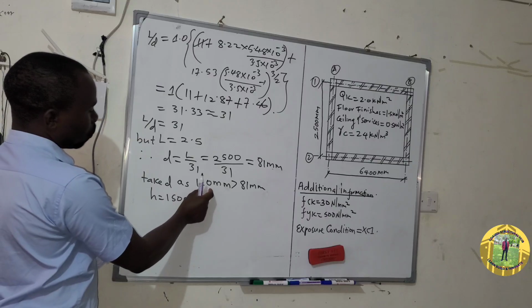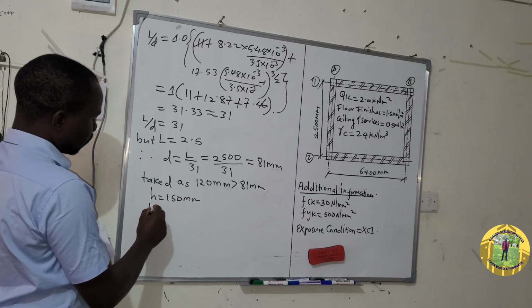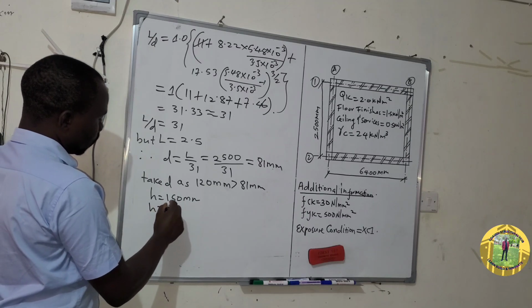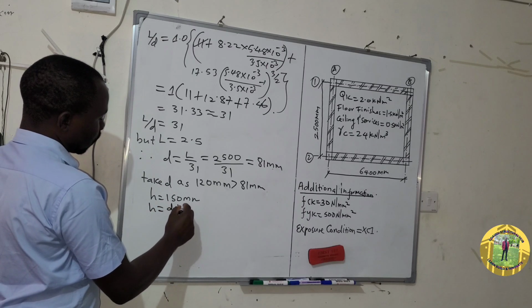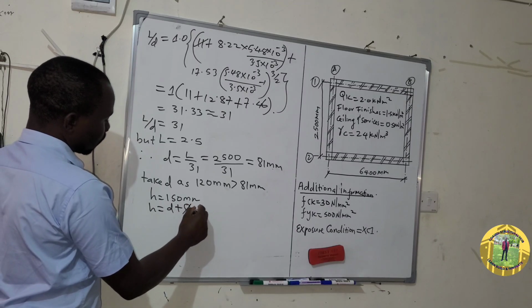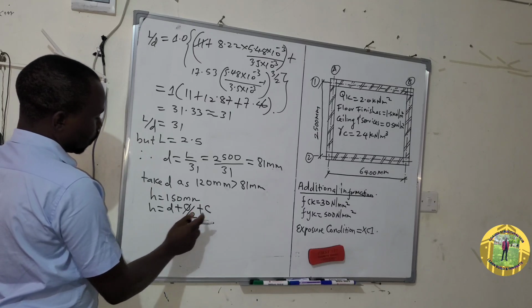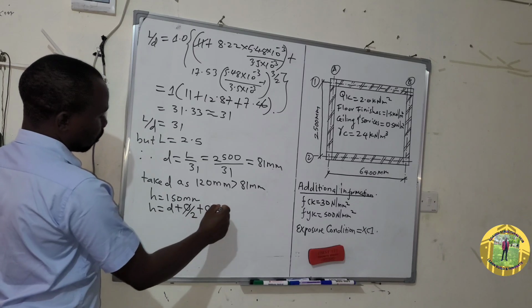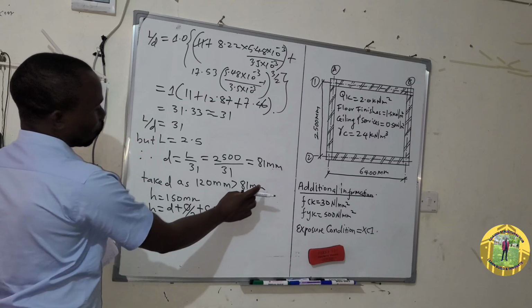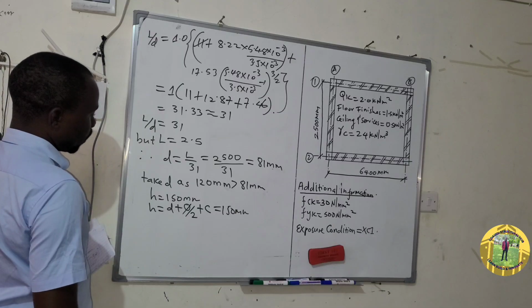So take a value which, when you add, because h is equal to d plus a half of the main diameter, and then plus cover. So I'm aiming for 150 millimeter. But if you work with 81, then it will not give you 150 millimeter.